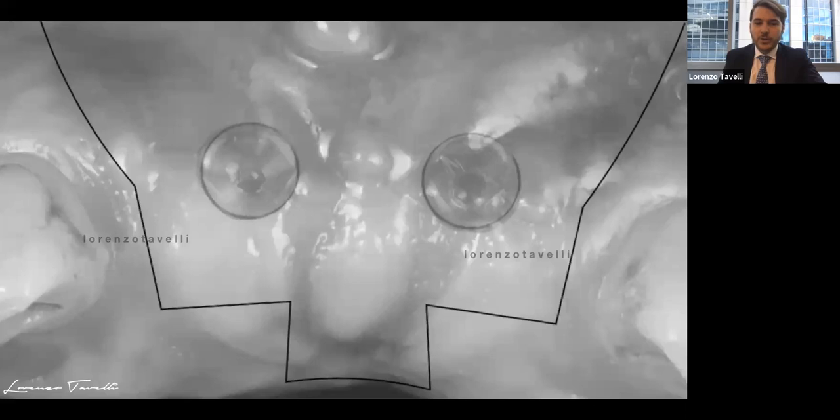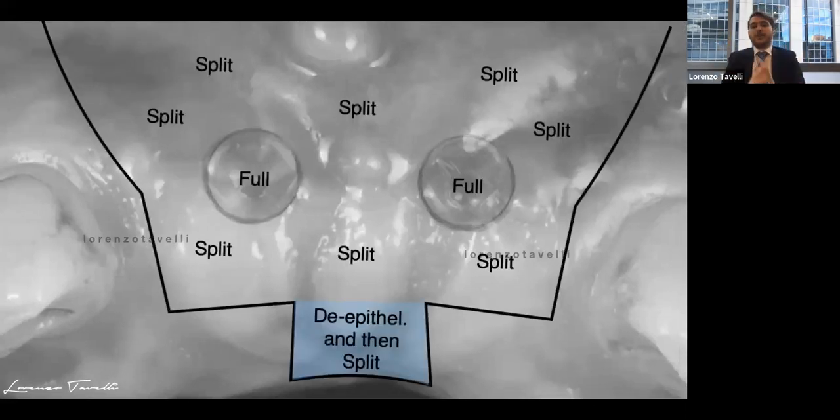So I thought that if I do this flap design, I stay away from the adjacent papillae, and I do everything split thickness, except in the small area in which I have to identify the implant cover screw, then I can gain keratinized mucosa. And furthermore, if I create a small pedicle, a small area even deeper, you can see this area that I wrote de-epithelialized and then split.